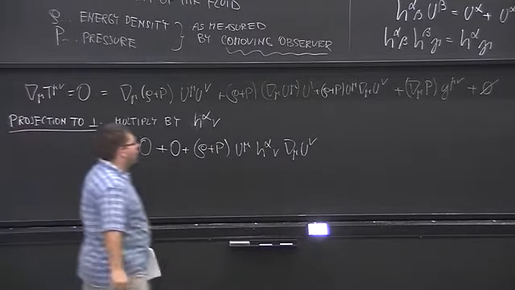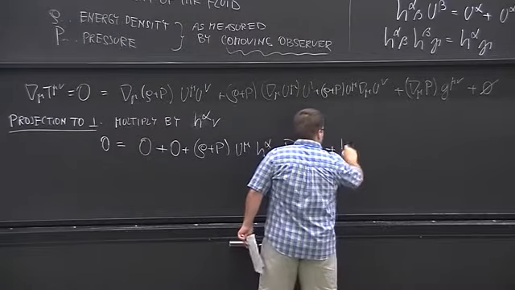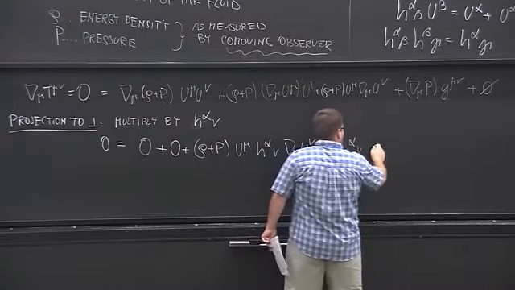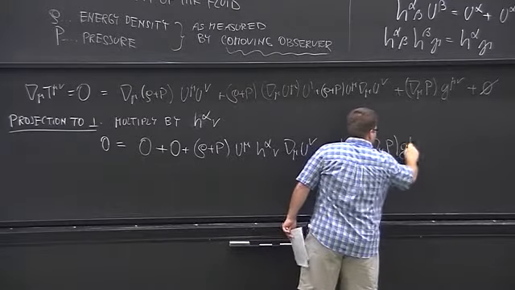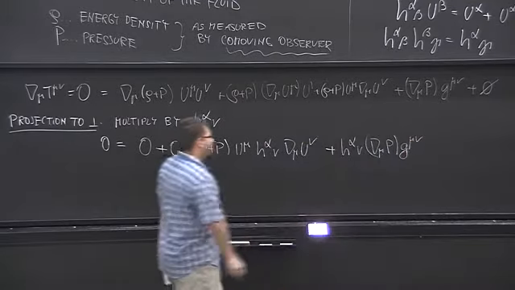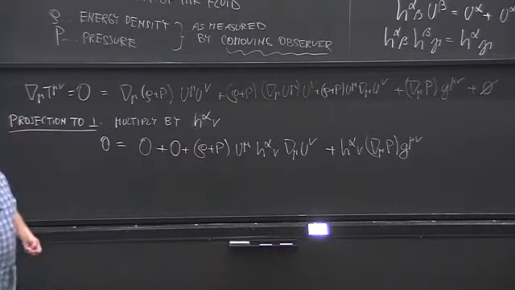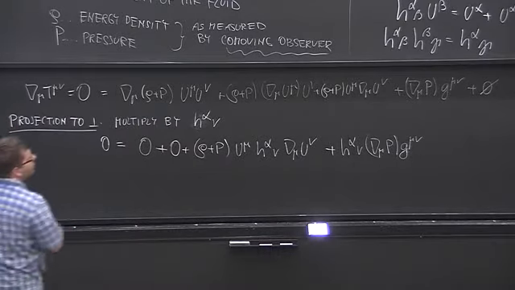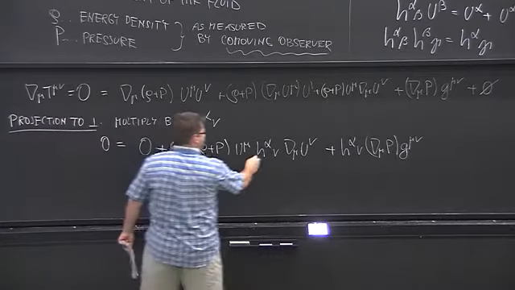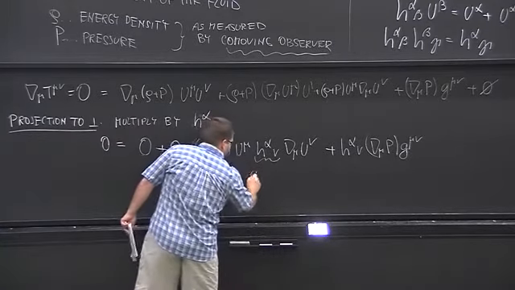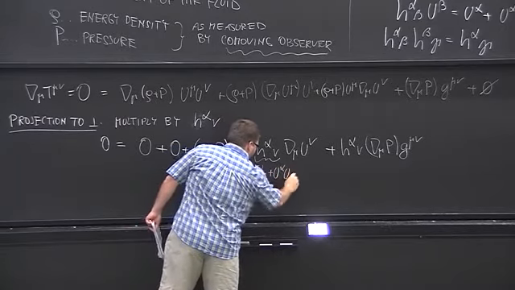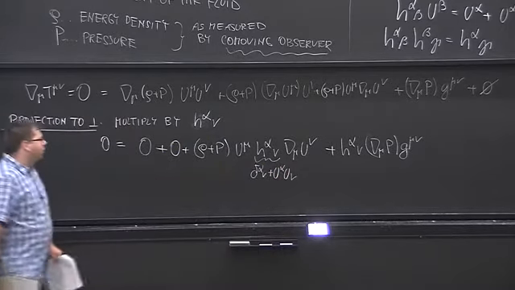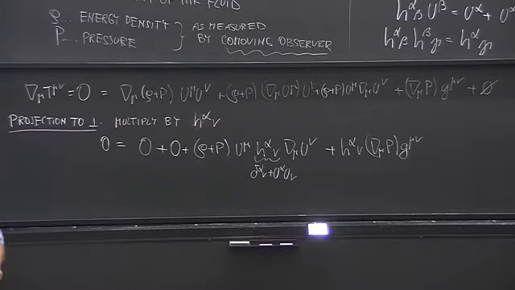And then I have the last term, which is plus h alpha nu nabla mu p g mu nu. Okay, so this is what I get. Now I can use my definition of what h alpha beta is. This thing here is just delta alpha nu plus u alpha u nu. Everybody agrees with this.